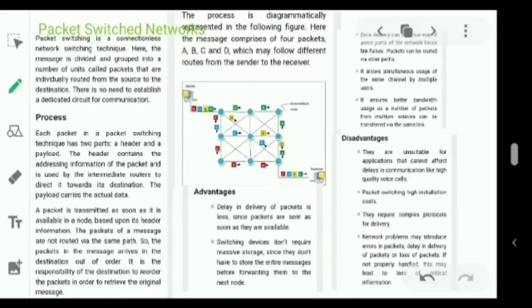Now coming to the next topic, the packet switching network. Circuit switching was designed for voice communication. In a telephone conversation, for example, once the circuit is established, it remains connected for the duration of the session.